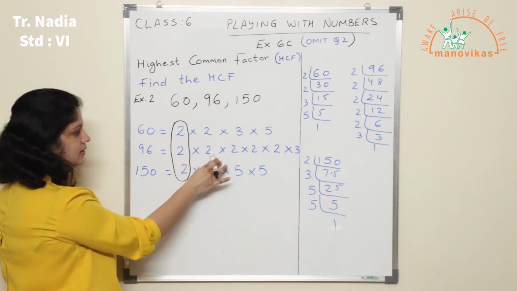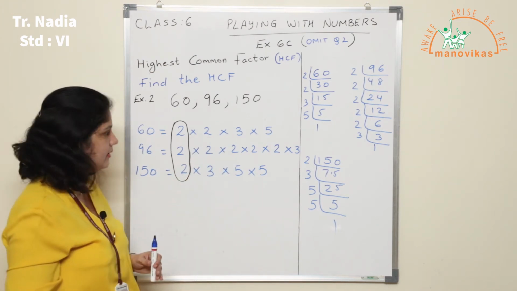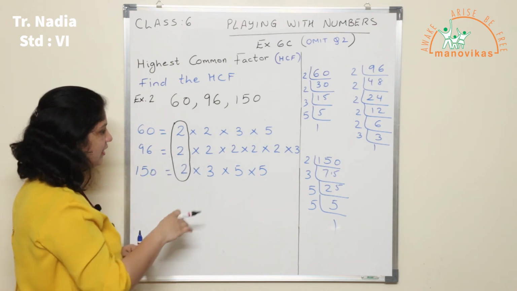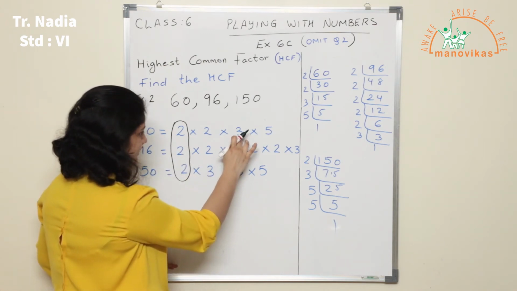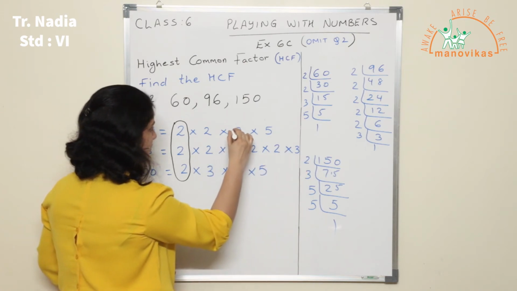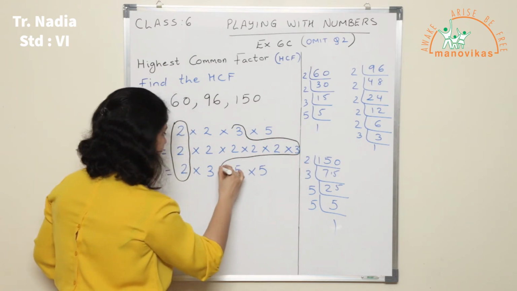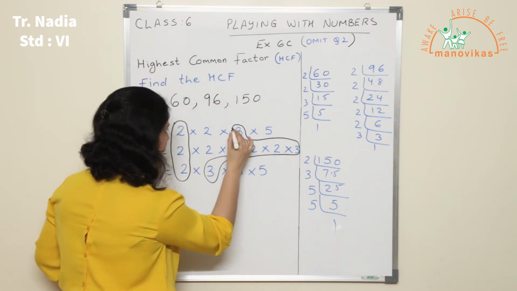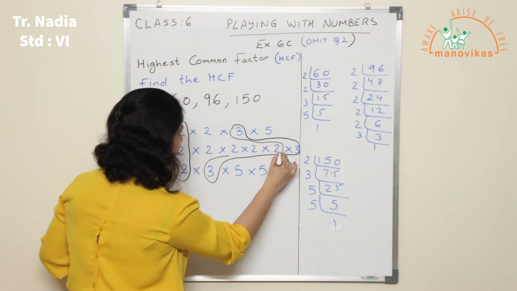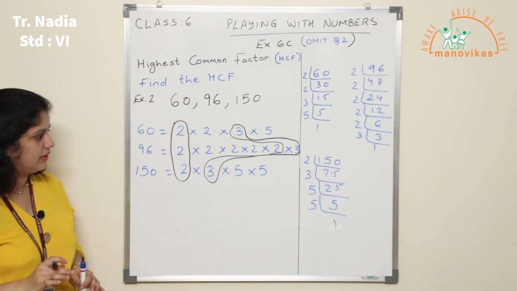There is a 2 here, there is a 2 here, but there is no 2 in the last one. So I cannot circle it. Now let us see if there is a 3 common everywhere. Yes, there is a 3 here, there is a 3 here, and there is a 3 here. So let me try to circle it. Okay, so there was a 3 which was common.